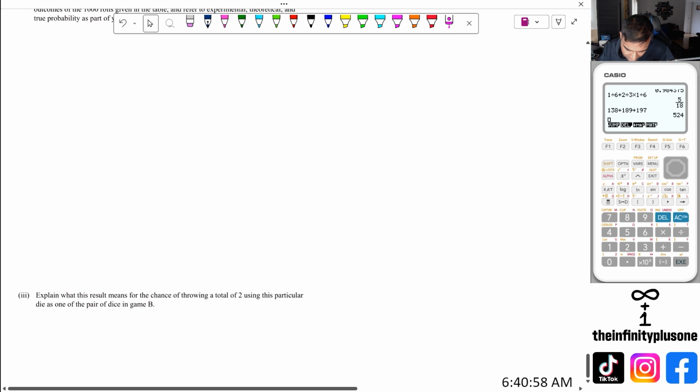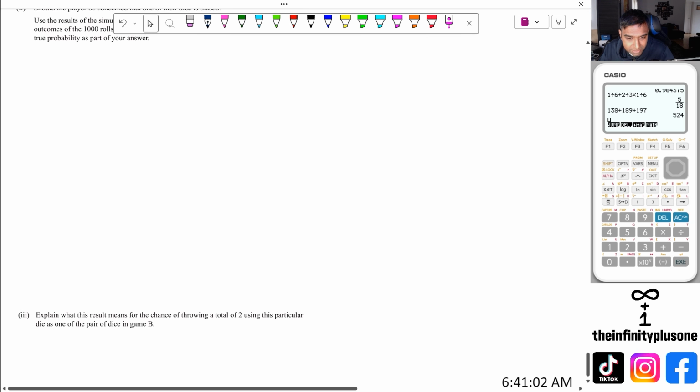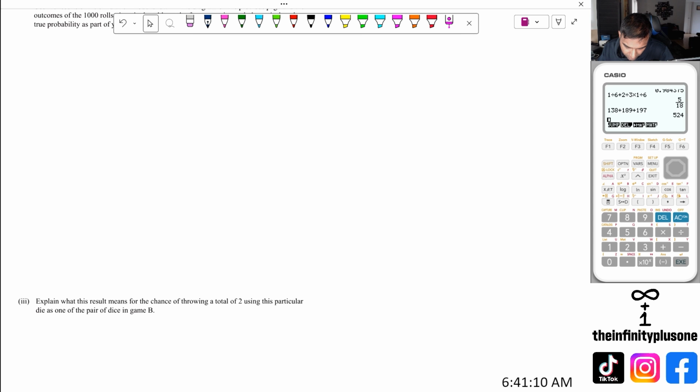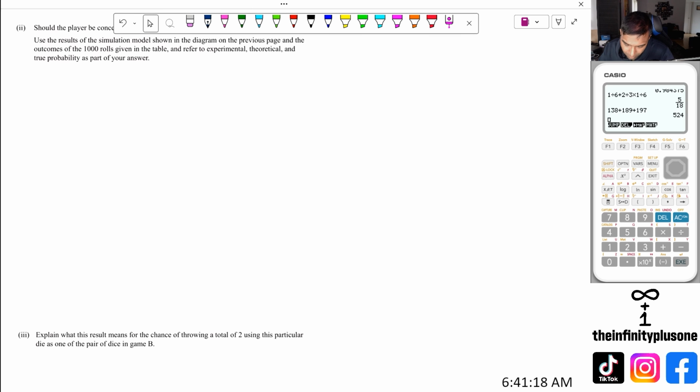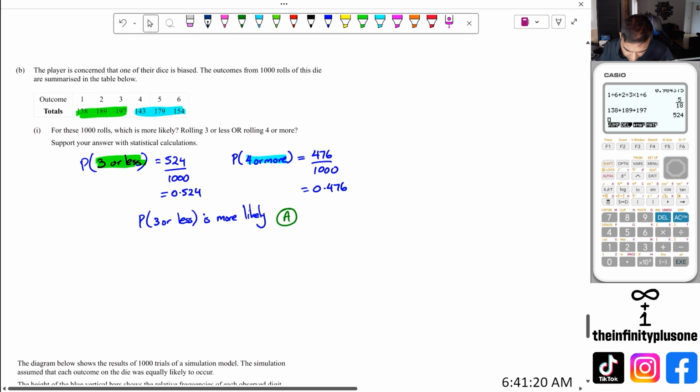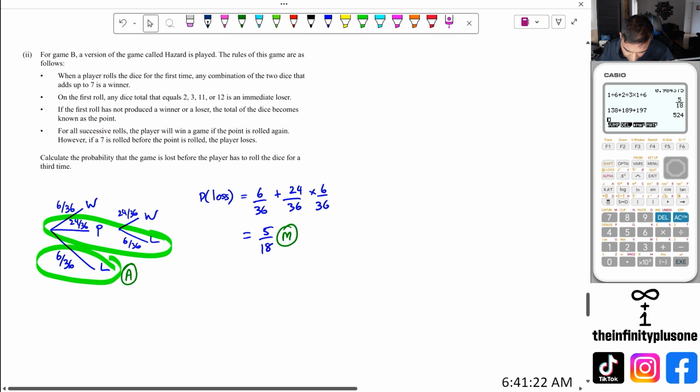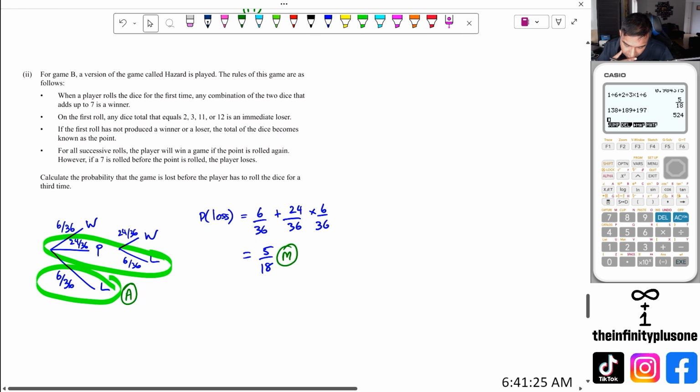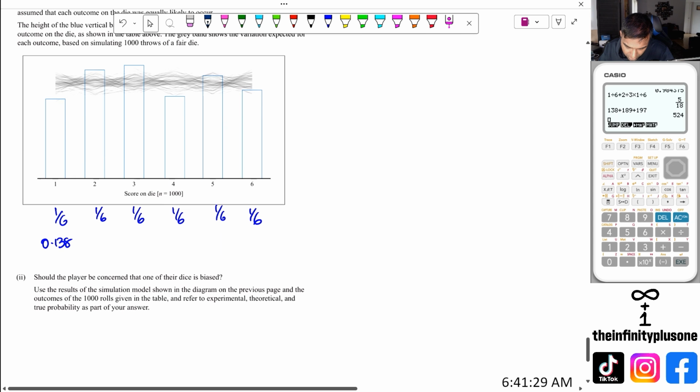Now the last part of the question asks what this result means for the chance of throwing a total of 2 using this particular dice. So in this one, you're looking at the pair of dice in game B. If you remember, in game B, where was it? It was this one here. In game B, if the dice total equals 2, you become an immediate loser.